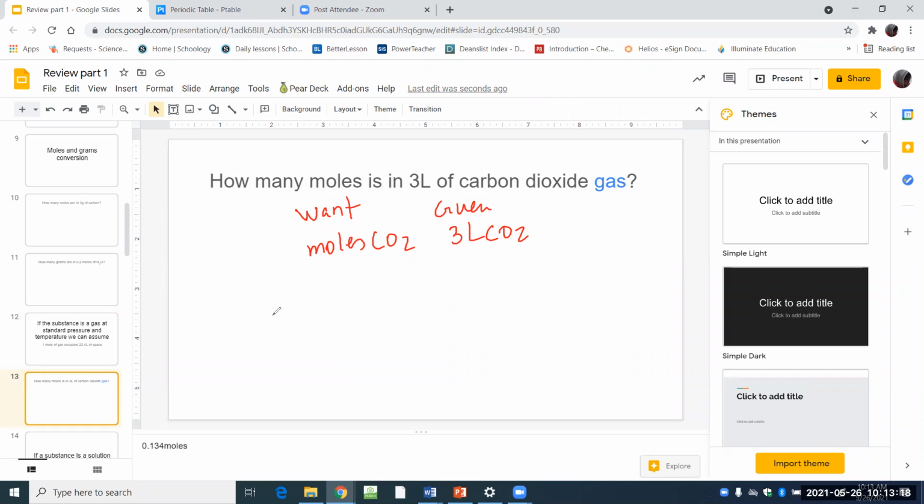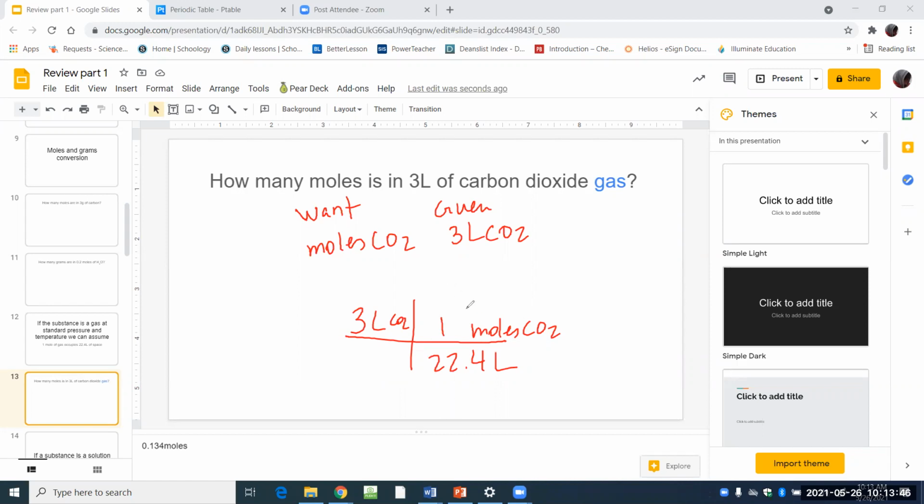So we set up the same way as before. I put here 3 liters of CO2, and what I want is moles of CO2. Instead of going to the periodic table looking for the molar mass of carbon dioxide, I'm just going to assume that there's 22.4 liters of any gas in 1 mole of that gas.